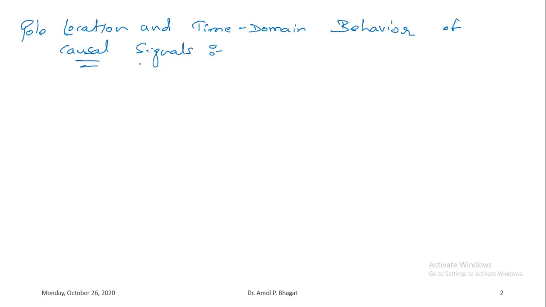As we know, in the case of causal systems, the characteristics of the discrete time system depend on the current input sample and the past input samples, but not on the future input samples.